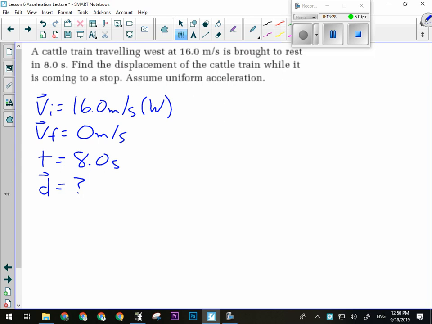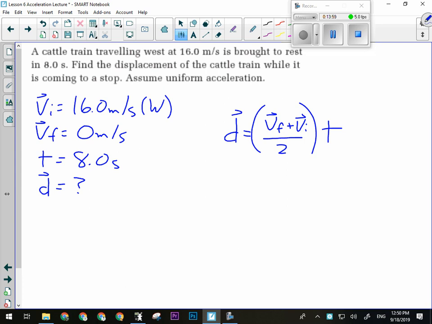All right, so this formula that we're going to use doesn't have acceleration in it. We only have one formula from our list that's an acceleration formula that doesn't have acceleration in it, and it's this one: D equals VF plus VI over 2 times T. And again, that's the importance of writing down our givens.